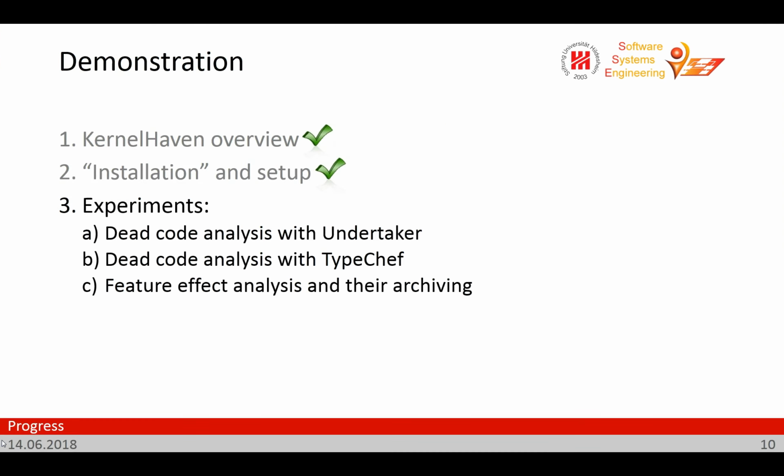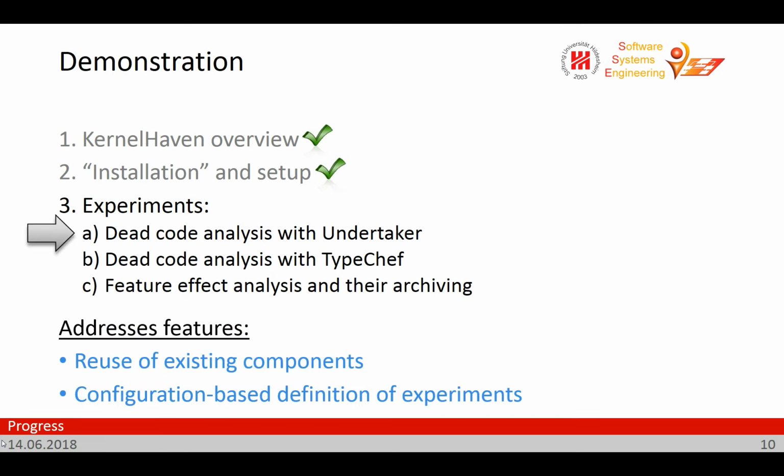Just to know what we want to do now, we want to do the first experiment, which is a dead code analysis with Undertaker, which addresses the features of reusing existing components. Because Undertaker was there before, we wrapped this tool as a plugin, extraction plugin for KernelHaven, and we will further go into the details of configuration-based definition of experiments.